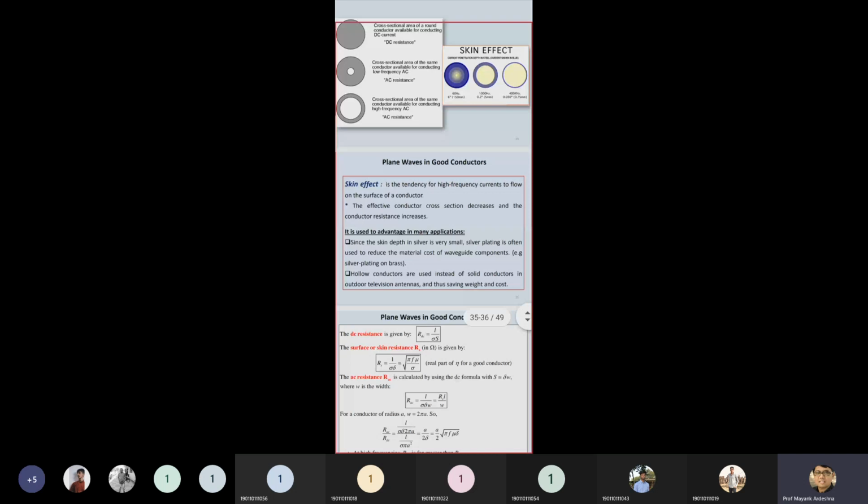Now, if you find the area, which area is larger, the current-penetrated area or the area without current? It's the area without current, because the area covered by the white circle is larger compared to the gray circle. Clear?